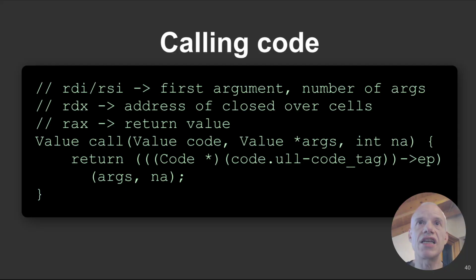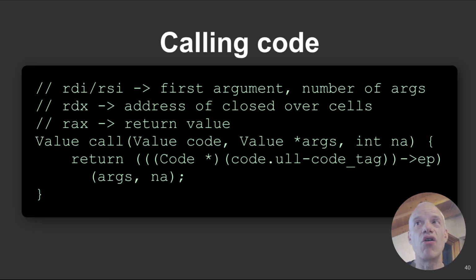And so this is an example from the kernel. This is the call utility function that basically calls a code object passing certain arguments in args and na. We can see that the assembly for this, for the System V ABI, would be that in RDI and RSI, you will get a pointer to the first argument and the number of arguments.